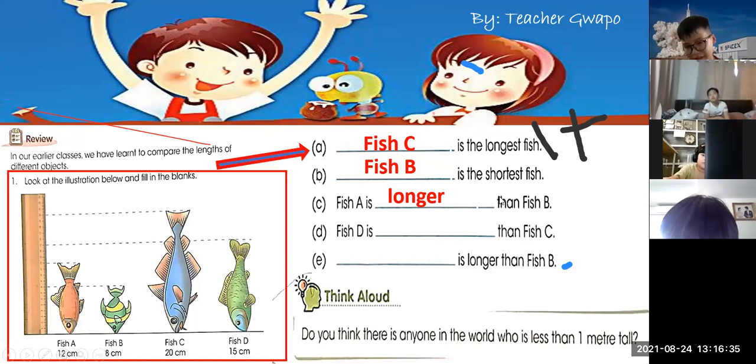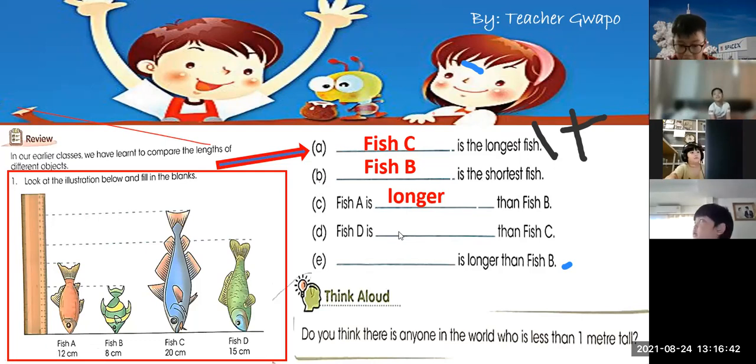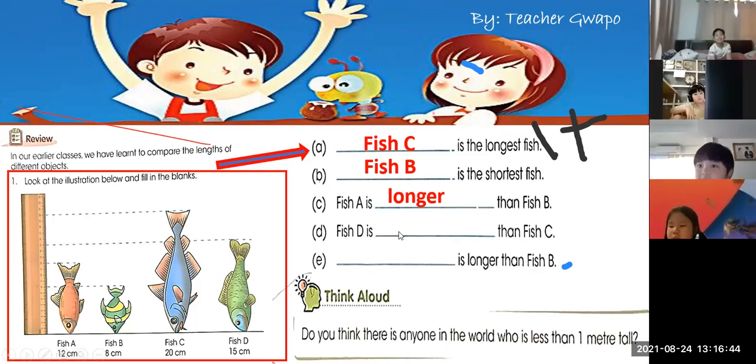Fish D is blank than fish C. Go ahead, Nawa.